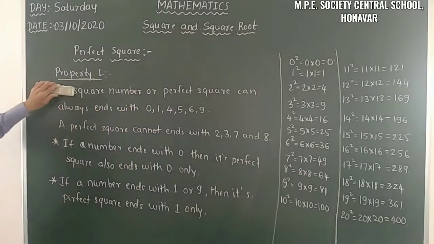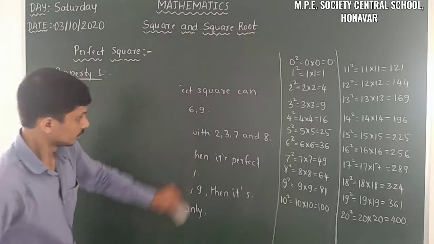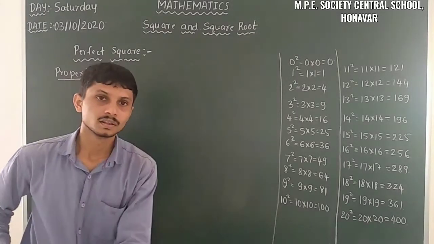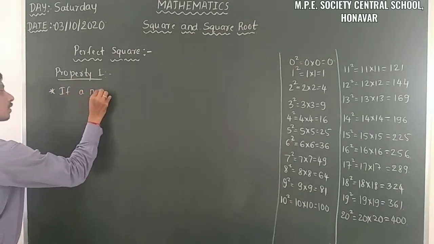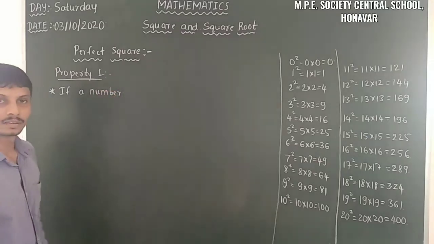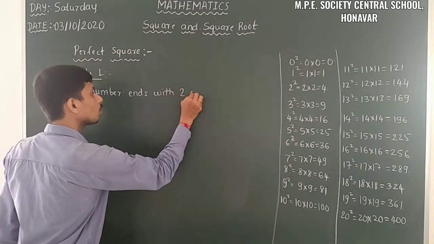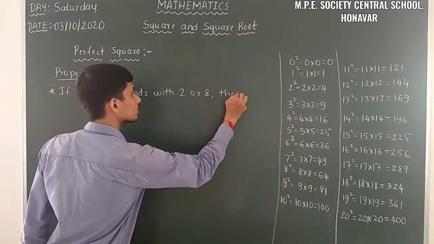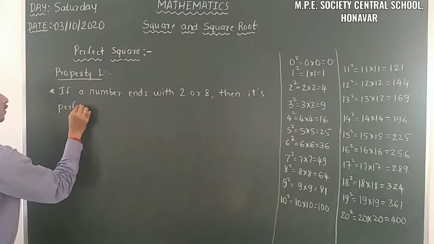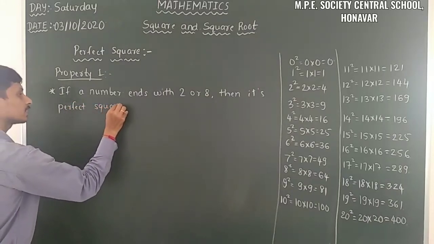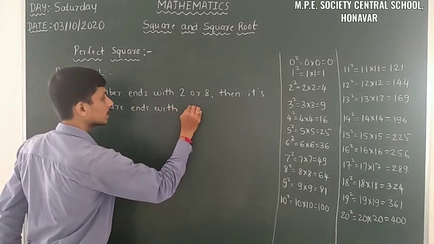So if a number ends with 2 or 8, then its perfect square ends with 4 only.